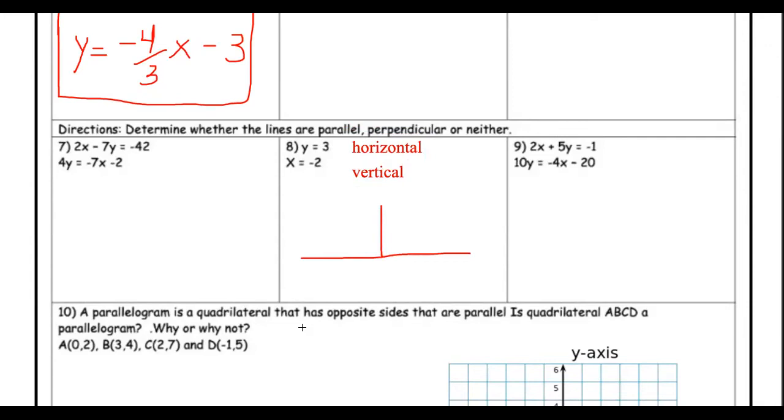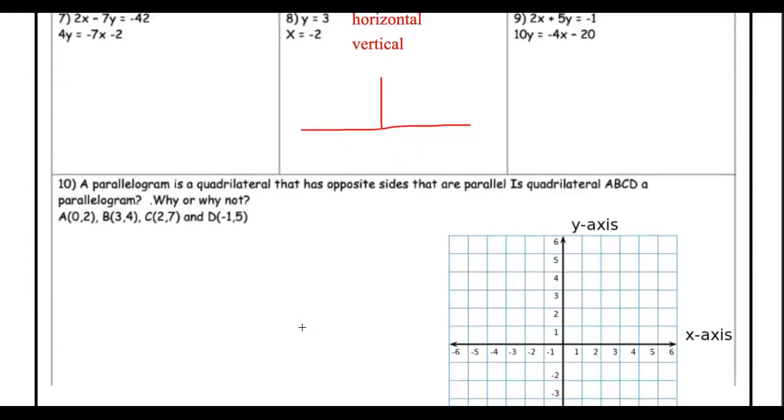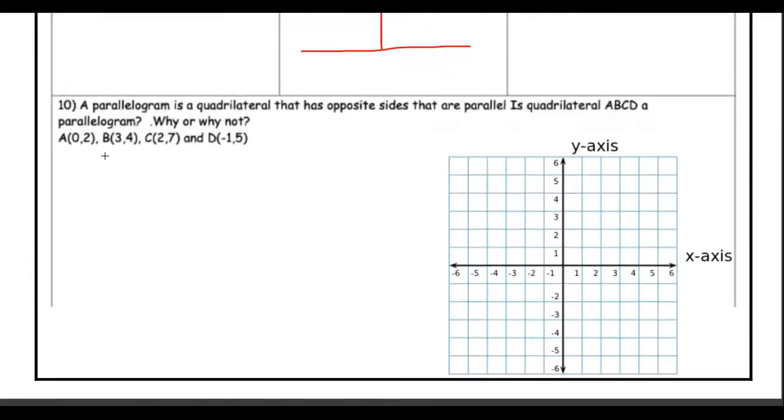All right, let's take a look at number 10, and this will be the last one for this video. It says a parallelogram is a quadrilateral, that means four-sided shape, that has opposite sides that are parallel. Is quadrilateral ABCD a parallelogram?